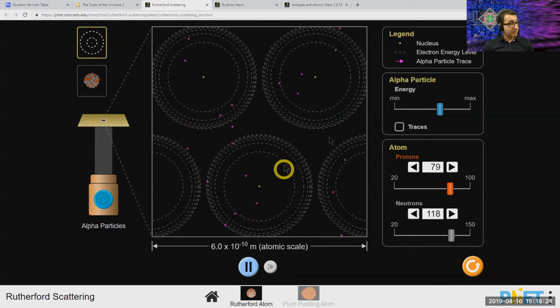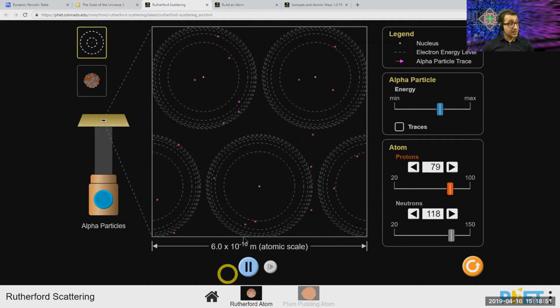Some of them were scattered at various angles, some of them at extremely sharp angles, and some of them were deflected backwards, like this one is being. So the only way that you can really explain this is, if the atoms, like Dalton was saying, were completely solid spheres, then you would imagine that all of these particles would ultimately be reflected back, and that very few of them would be bounced between the atoms to get through the gold film.